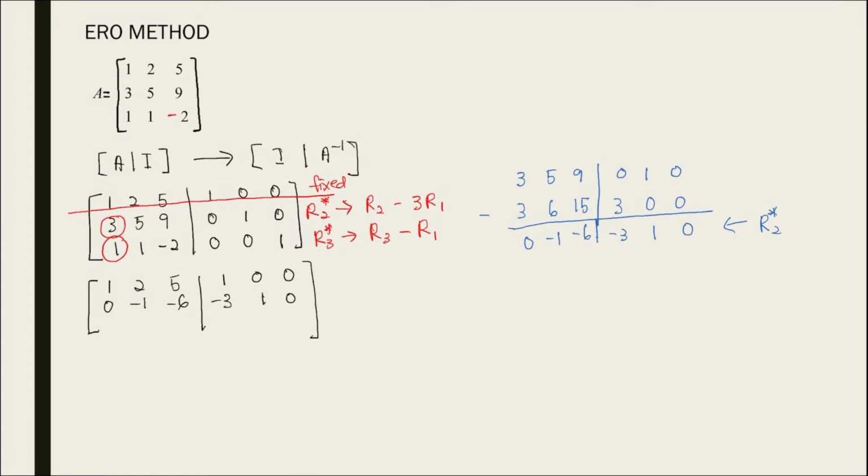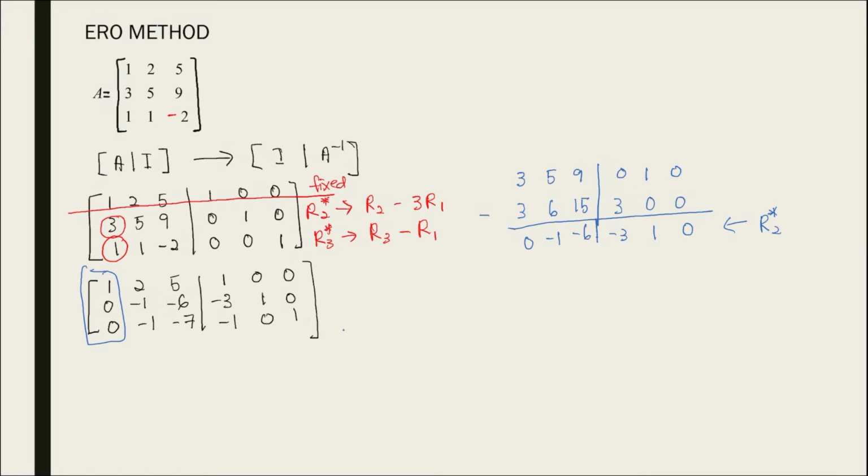Okay, so for row 3, you can use the same method, or you can just minus the operation. 1 minus 1 is 0. 1 minus 2 is negative 1. Negative 2 minus 5, negative 7. 0 minus 1, negative 1. 0 minus 0 is 0. 1 minus 0 is 1. Okay?